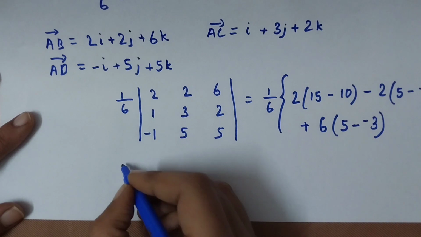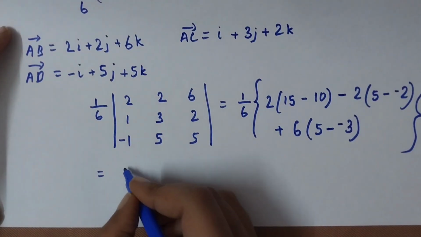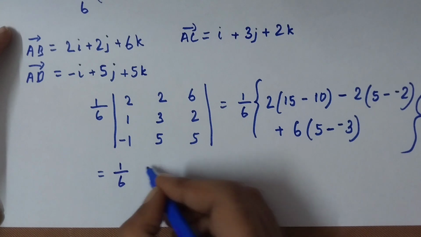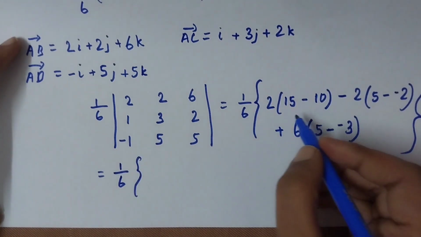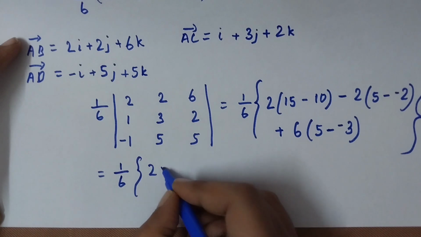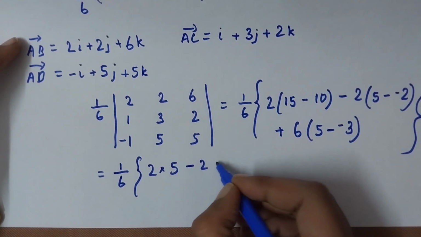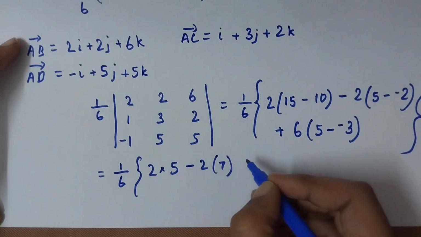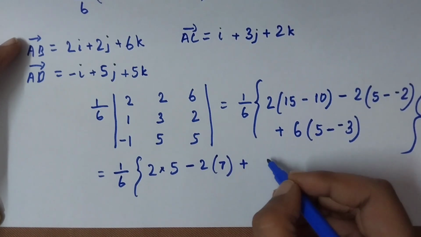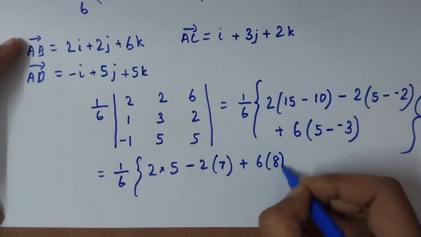Now this is equal to 1 by 6 times 2 into 15 minus 10 is 5, minus 2, 5 plus 2 is 7, plus 6, 5 plus 3 is 8.